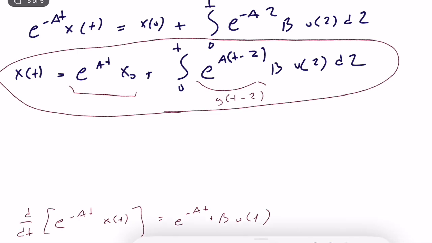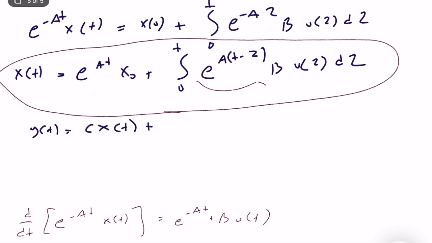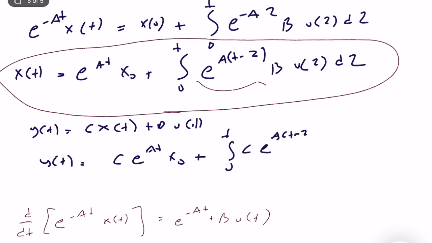How can we find y of t? It's super easy, because we know that y of t is equal to C times x of t plus D times u of t. So y of t is equal to C times e to the power At x naught plus the integral from 0 to t of C times e to the power A(t minus tau) B u(tau) d tau, plus D times u of t, and this is not part of the integral.